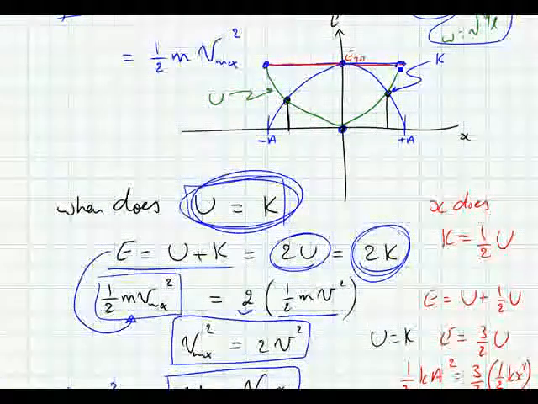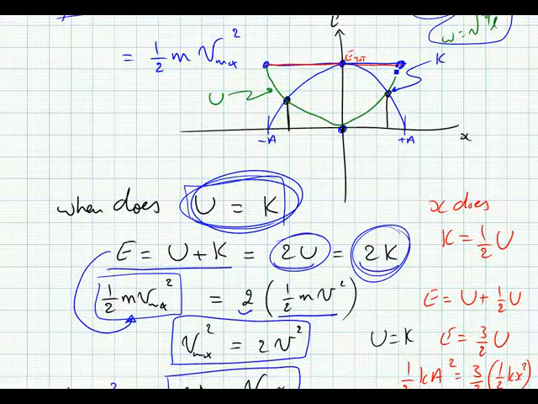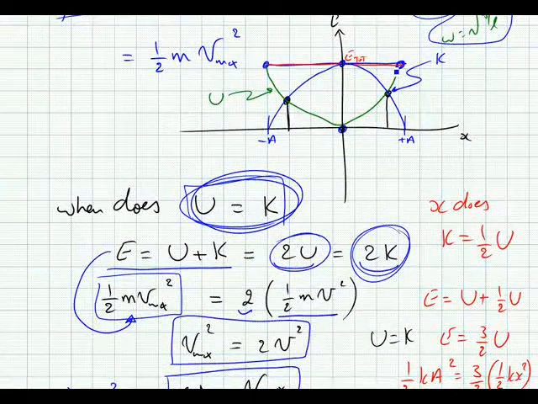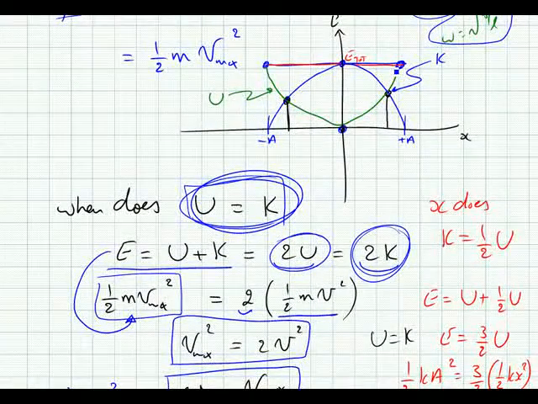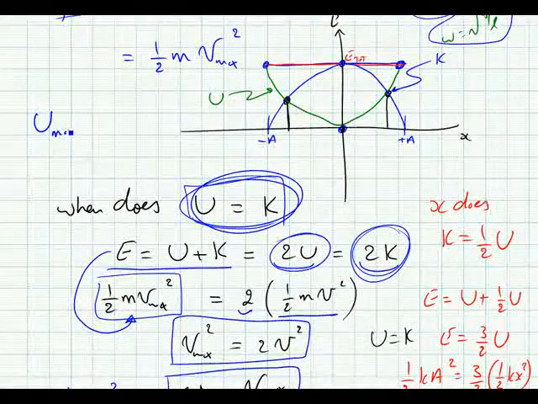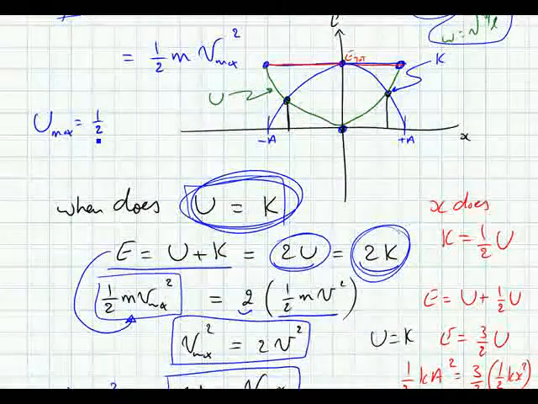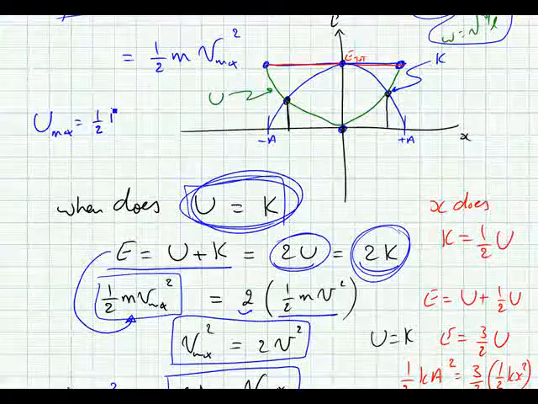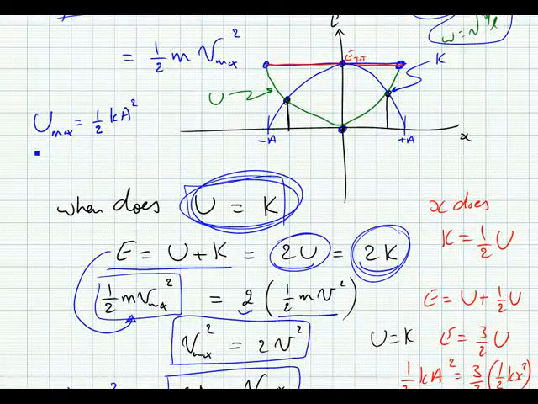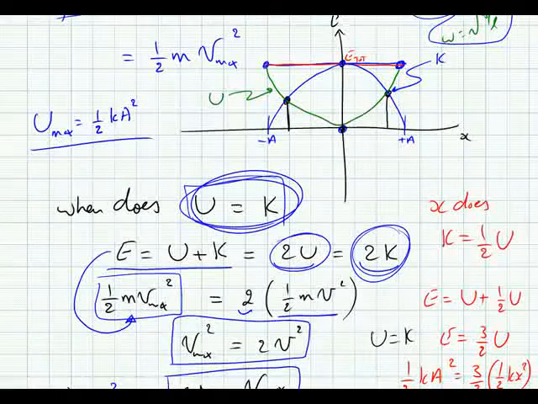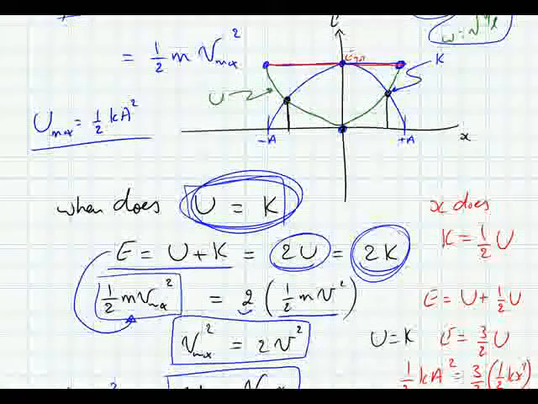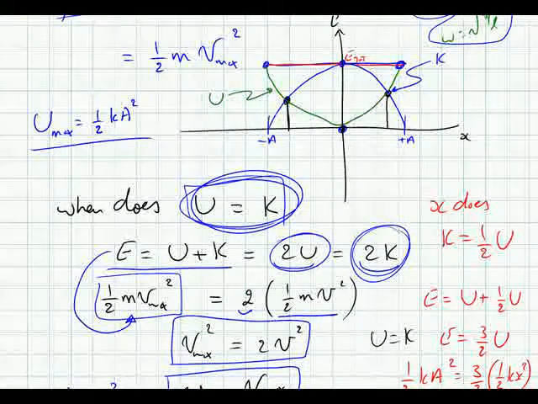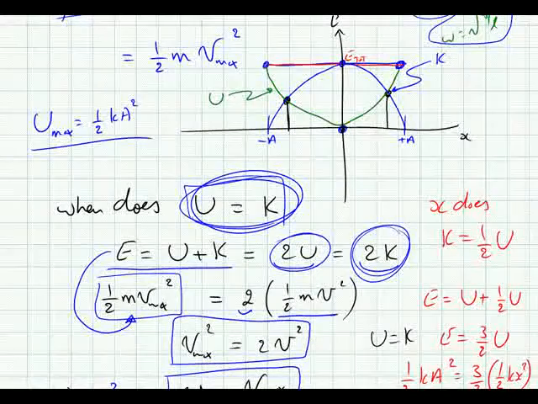So in these two extreme positions, U max is equal to the total energy, and U max in a system with a spring is 1/2 k a squared, of course. That's why I say you need to know what system you're dealing with to come up with an answer in terms of factors that mean something.